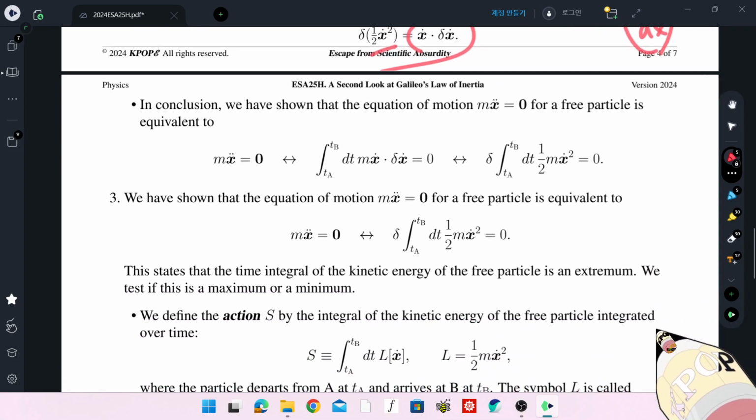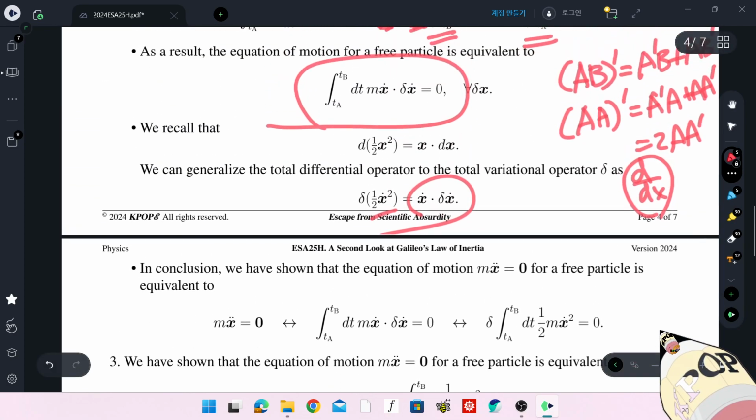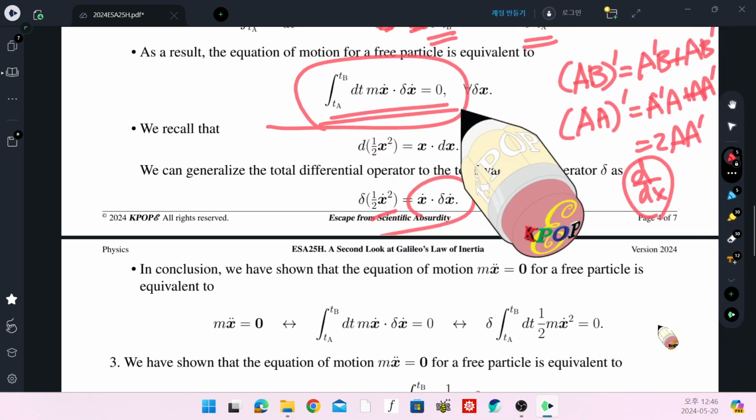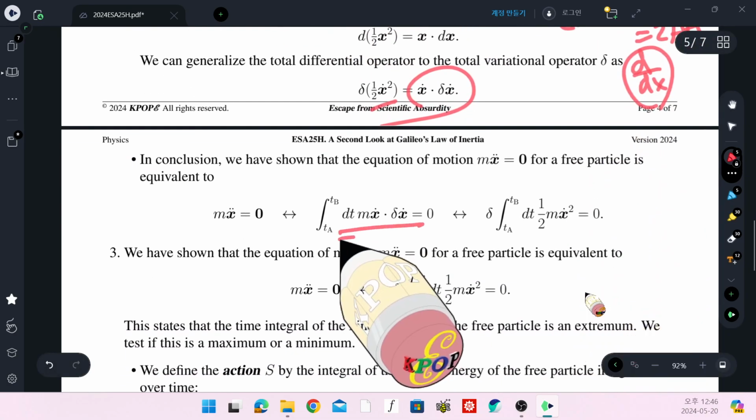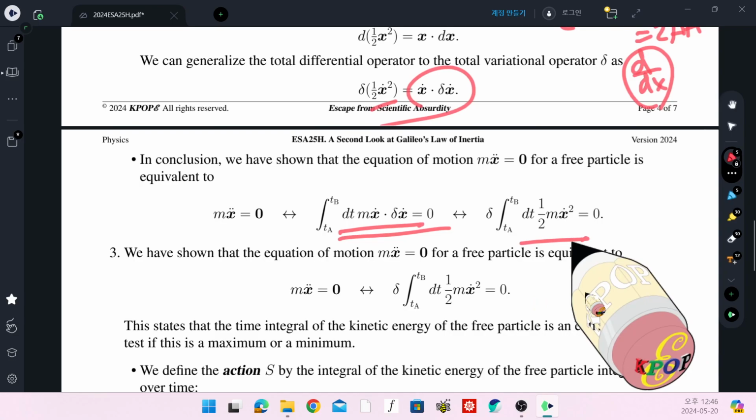Finally, we can rewrite this integral as this, neglecting terms of order delta squared or higher. What's that?